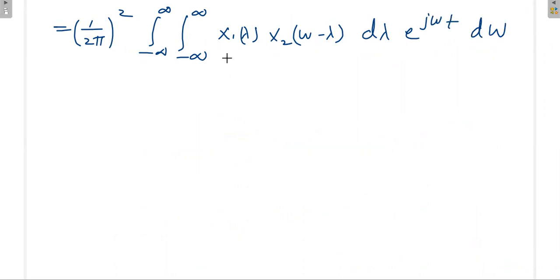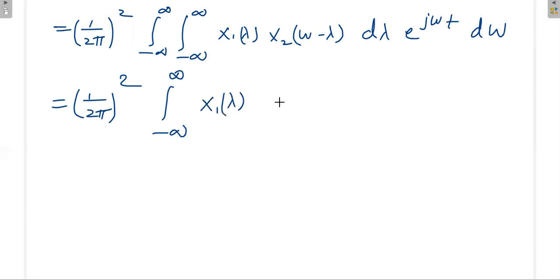So now we'll try to separate this. So 1 by 2 pi whole square integral minus infinity to plus infinity X1 lambda, and then X2 omega minus lambda is there. So we'll try to bring omega minus lambda in the e power terms so that we can easily separate and we can write the Fourier transform formula.